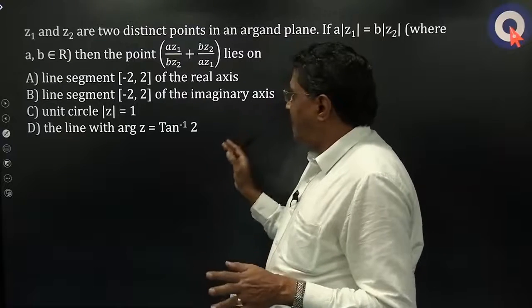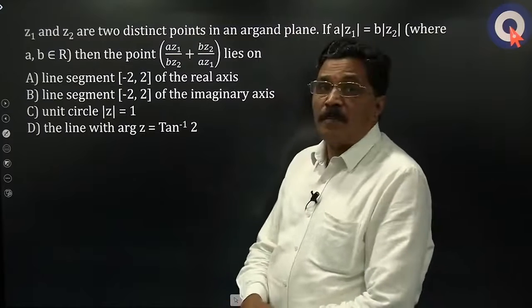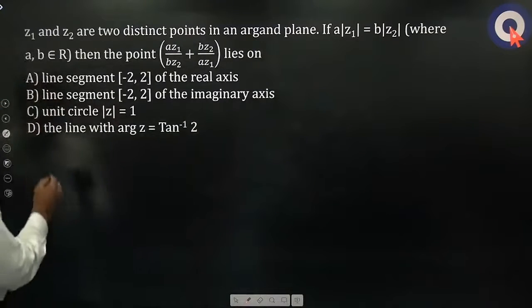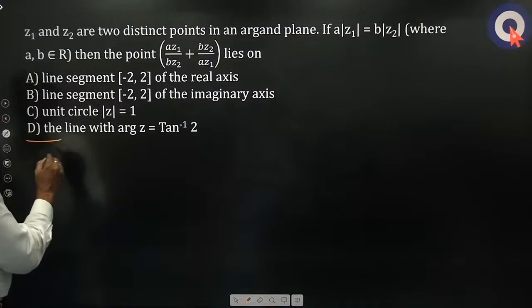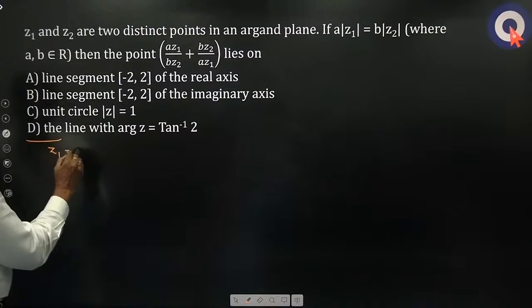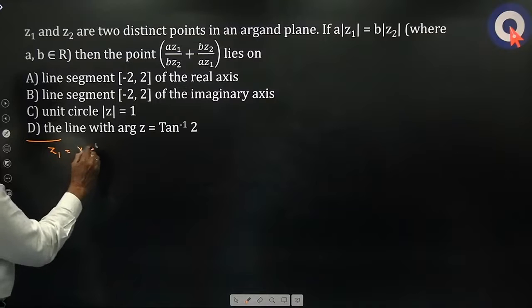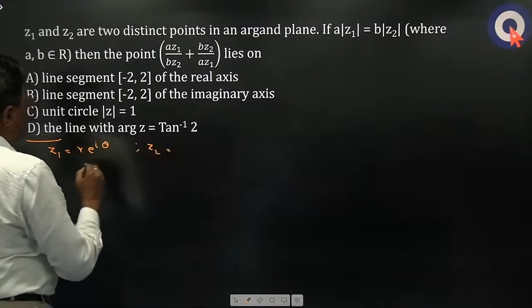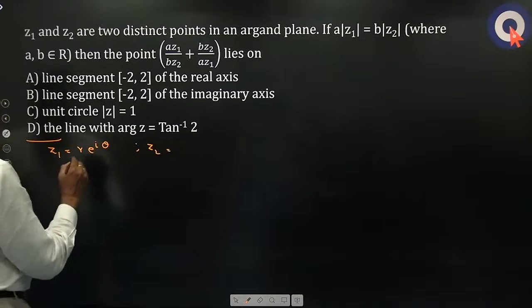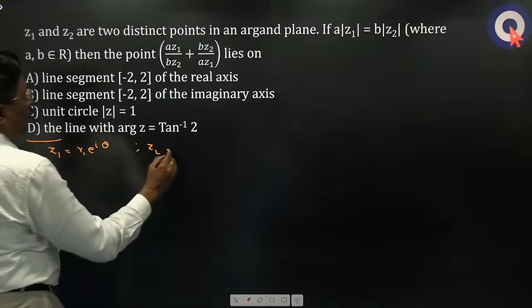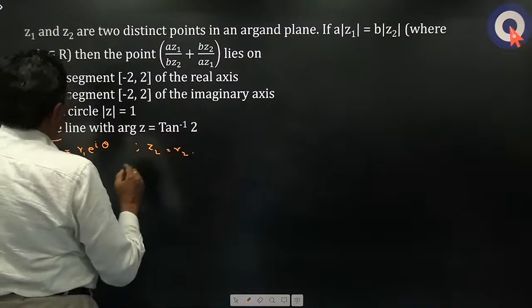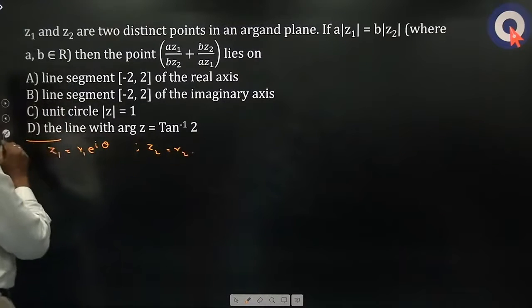On some line segment, on the real axis, imaginary axis, etc. Alright, so here I will consider Z1 is equal to R into e to the power of i theta, and I will consider Z2 is equal to, mod Z1 only I will write.